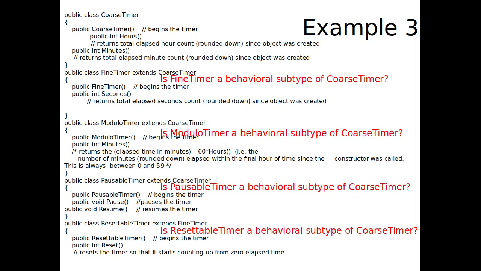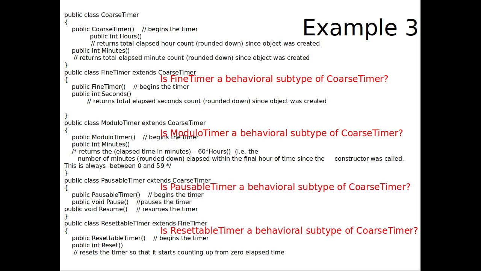Let me ask this. Suppose that the people who defined CourseTimer had put in an extra comment here, an extra bit of specification. And they said, CourseTimer, the constructor begins the timer.